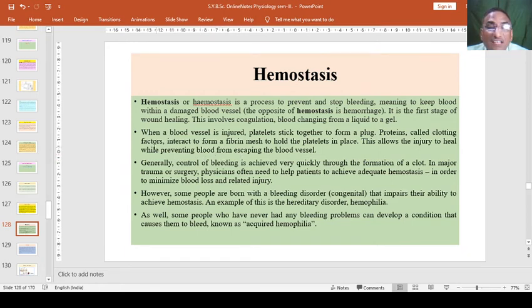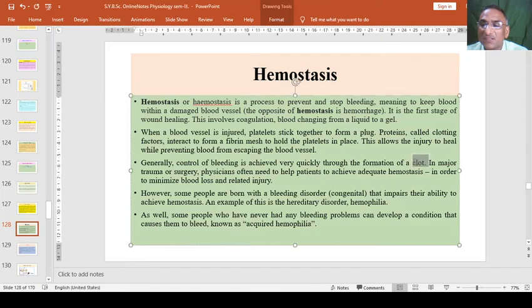In this way, the healing or stopping of the bleeding is nothing but hemostasis, and later on it converts into blood clotting or blood clot formation. Generally, control of bleeding is achieved very quickly through the formation of a clot.